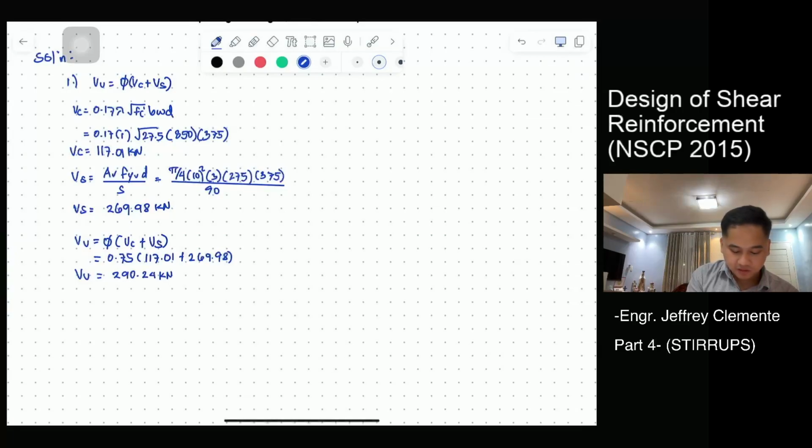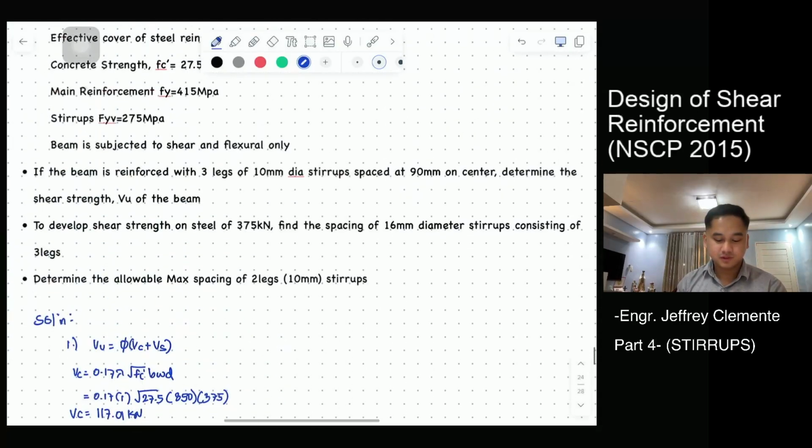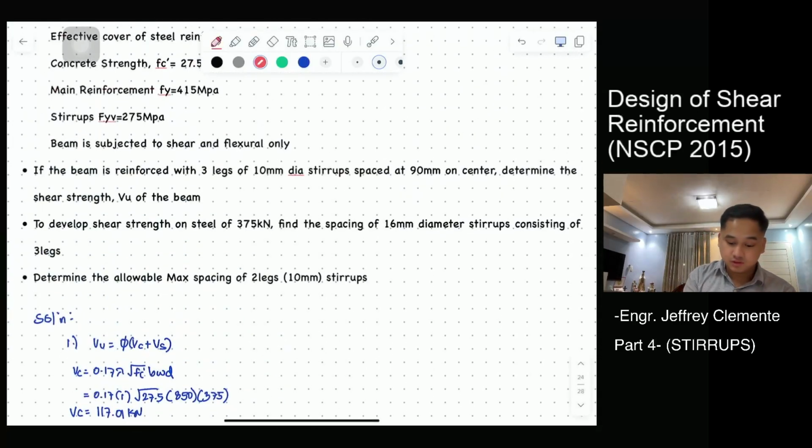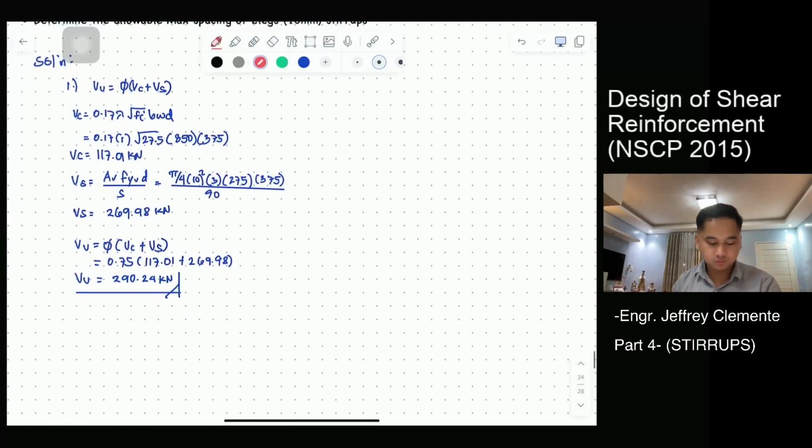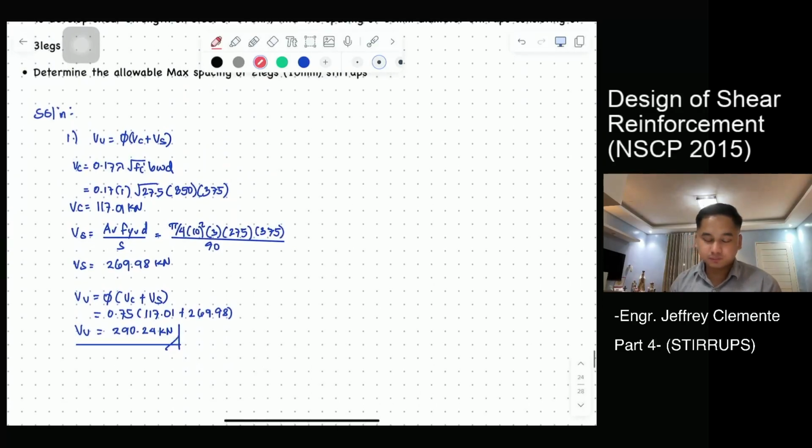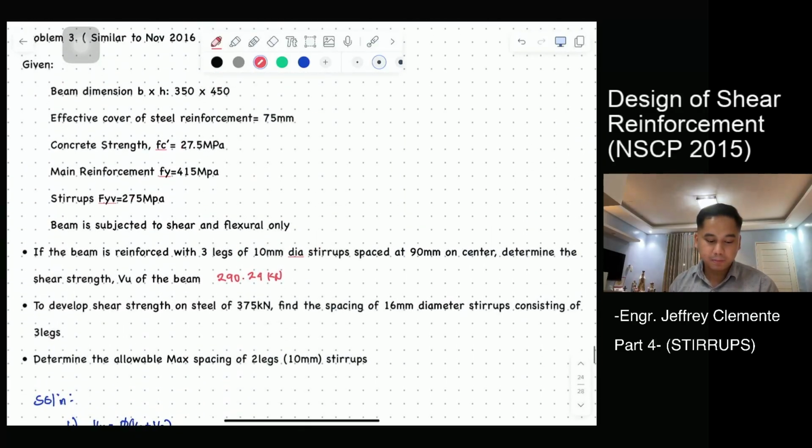Okay? So that's the answer. So the answer for the first part is 290.24 kilonewton. So that's how you solve it for question number 1.